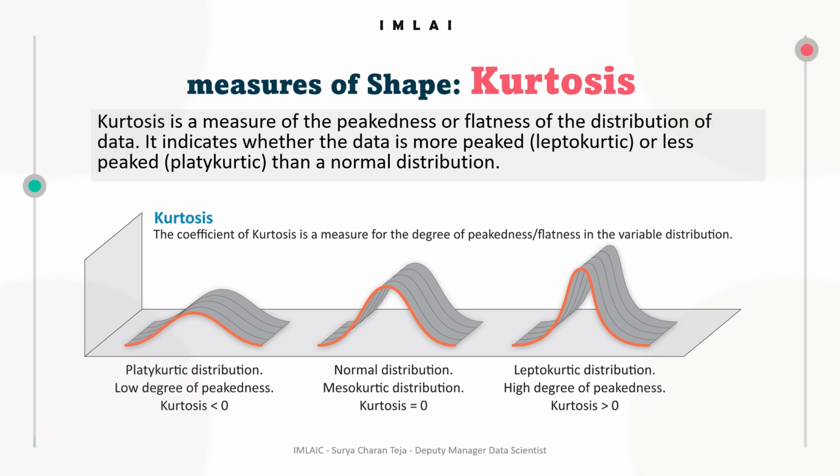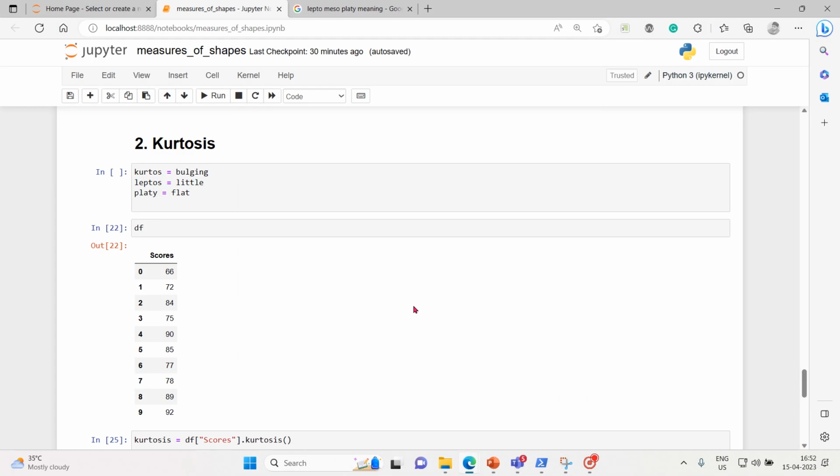Then we have platykurtic. Platy is flat, kurtic is bulging, flat bulging. A data set with a negative kurtosis is called platykurtic, which means it has light tails and is less peaked in the center compared to the normal distribution. Let's do more examples for this.